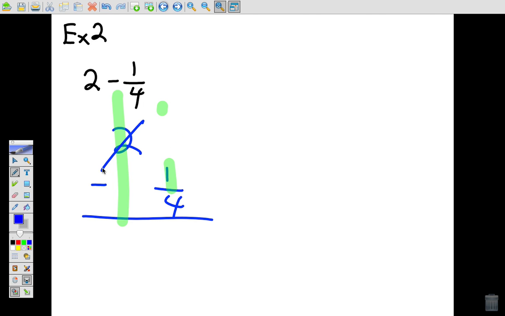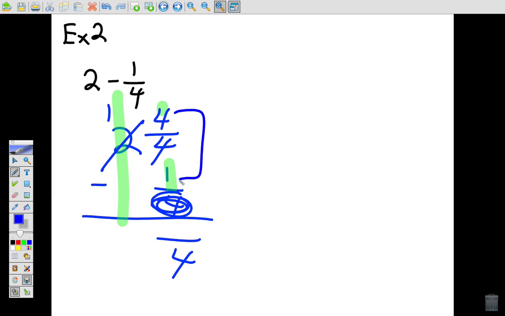I'm going to borrow 1. I'm working with 4, so I want to rename that 1 I borrowed as 4 over 4. Now you can subtract. Remember, to add or subtract fractions with the same denominator, you keep the same denominator, 4. What's 4 minus 1? 3. What's 1 minus nothing? 1. So my answer is 1 3/4.